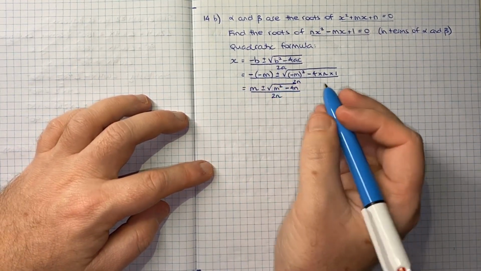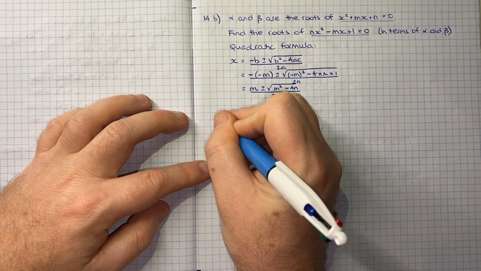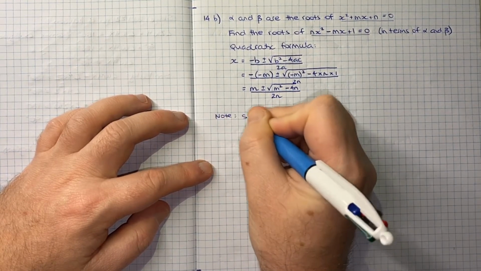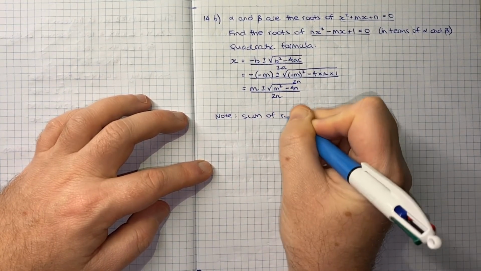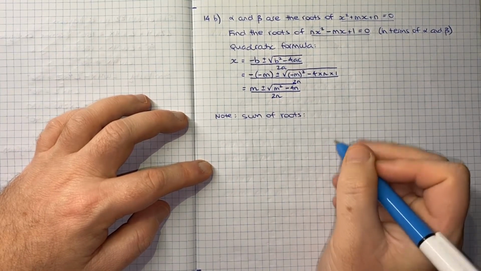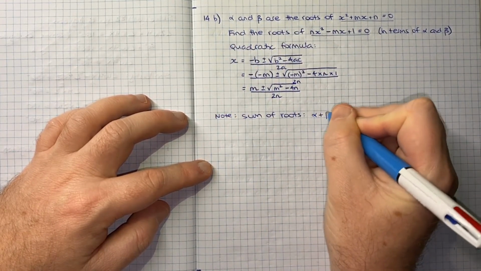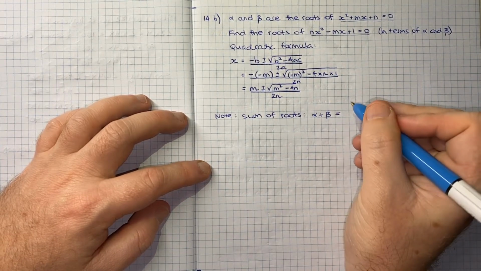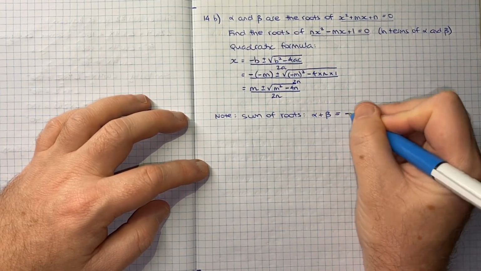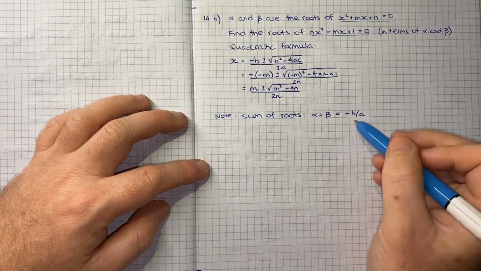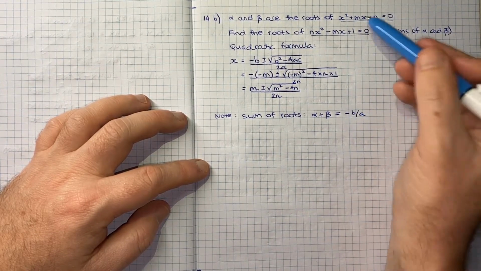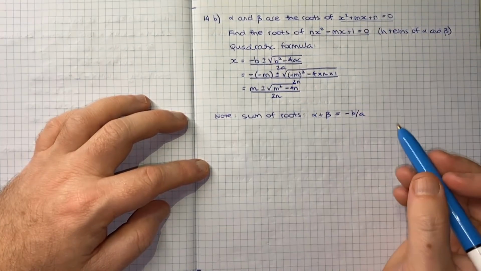So if I start with, say, the sum, let's note the sum of roots. In our case, if we've got roots alpha and beta, then alpha plus beta would be equal to, in general terms, negative b on a, where b again is the coefficient of x and a is the coefficient of x squared.